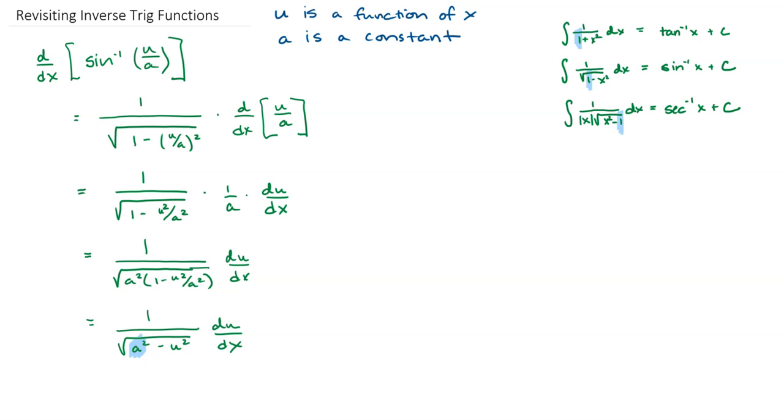So that gives us a new, slightly more general antiderivative formula. If we have the integral of 1 over the square root of a squared minus u squared du, that'll be equal to the thing we started with up here.